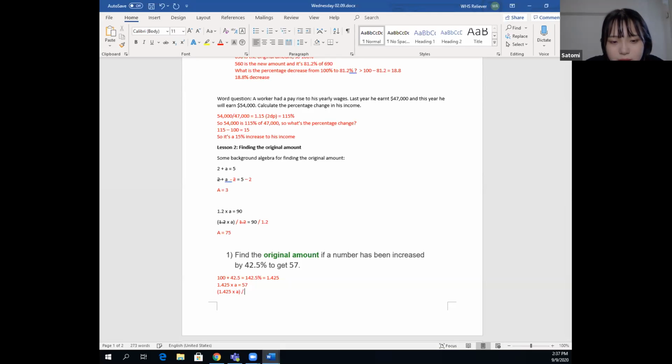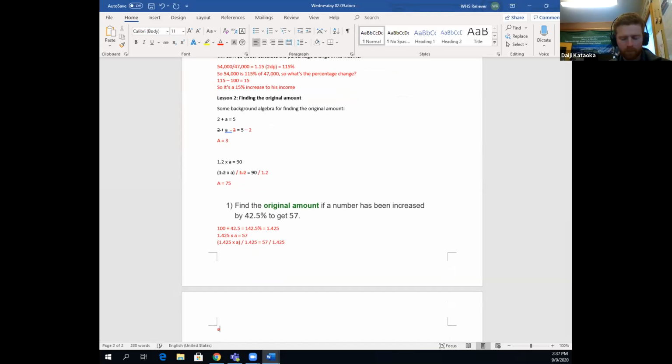Right, we're dividing both sides by 1.425. 57 divided by 1.425. Okay. Now what does that give us?